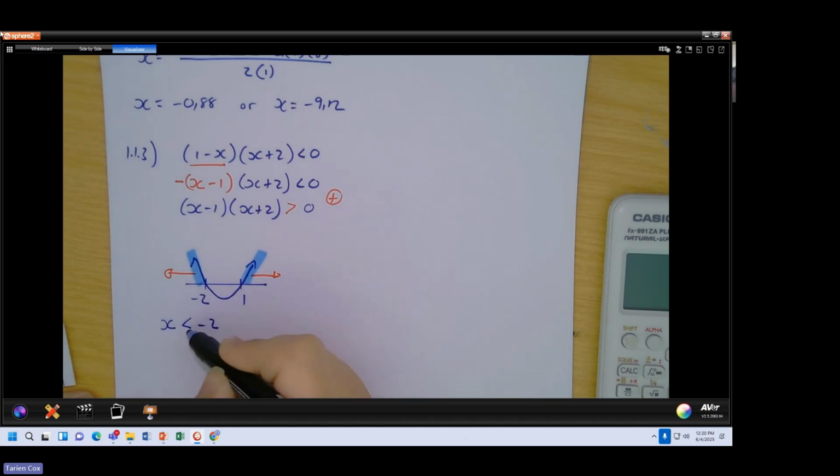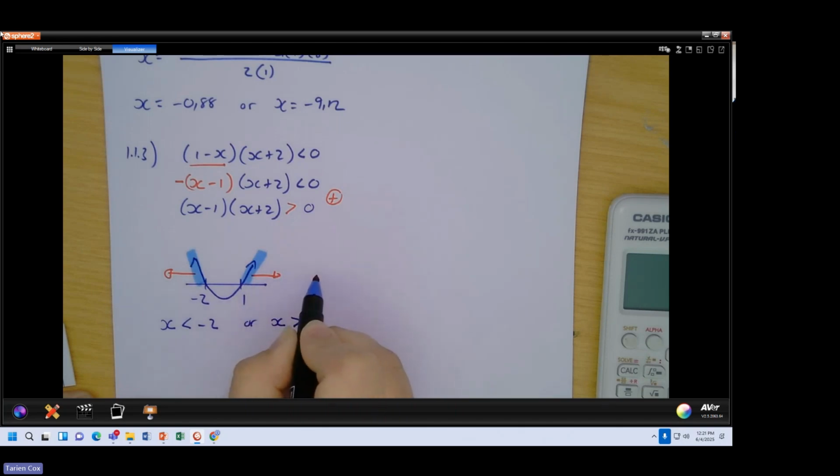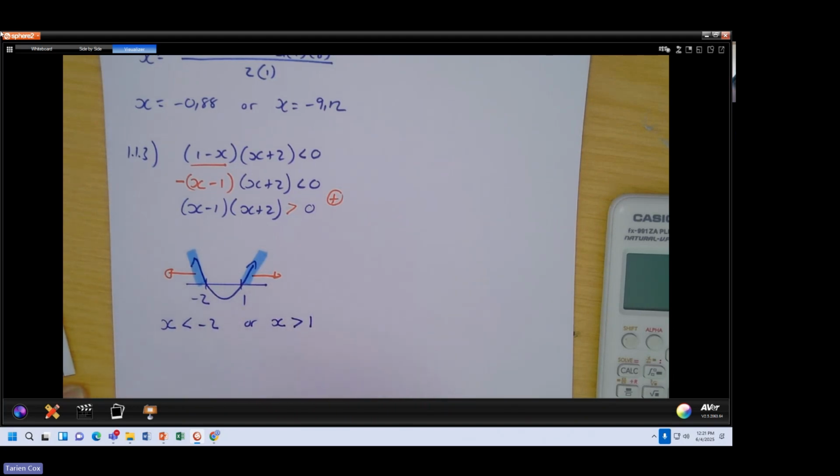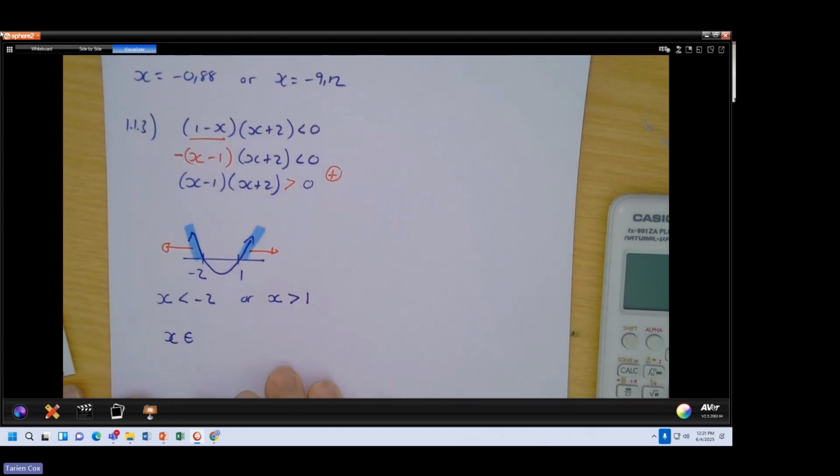You know this is the smaller than sign. Or x greater than 1, and you can see again your arrow is pointing to the right, my arrow is pointing to the right. So I either do this, where this is inequality notation, or I can write in interval notation where I write x as an element, but I prefer not to write in interval notation because it's more difficult.